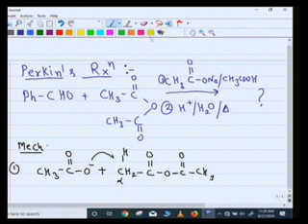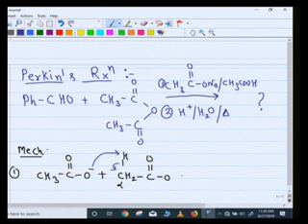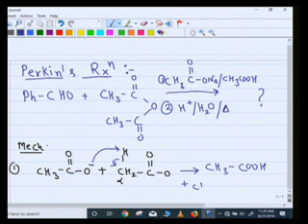The base will attack this hydrogen and this bond will shift over there, and you will get CH3COOH plus CH2COO minus, COCH3. This is step number 1.